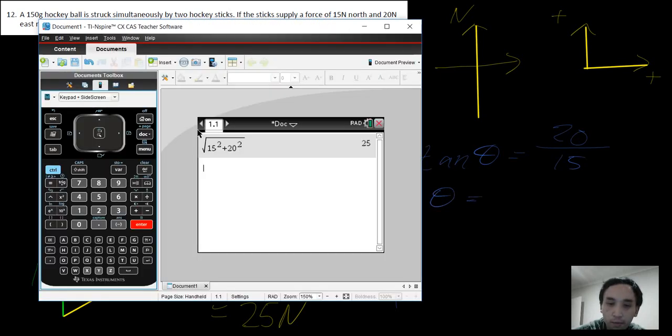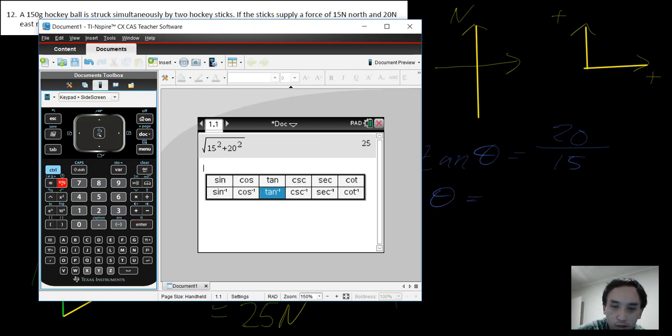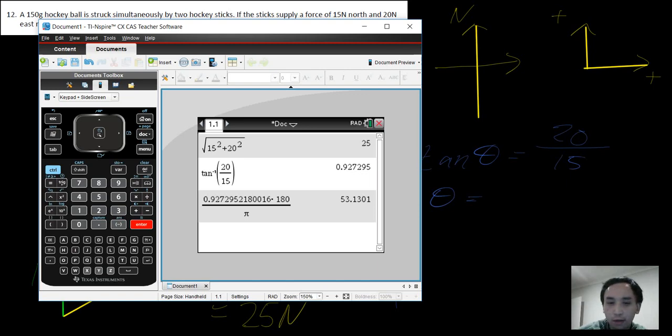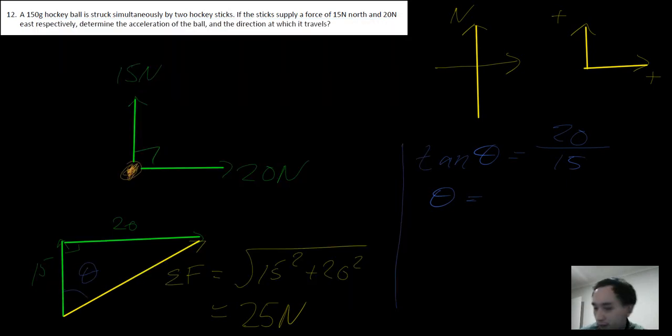So going back to our calculator, let's find the inverse tan of 20 on 15. This will give us 0.93 radians, or about 53.13 degrees. I think I'm going to use degrees in physics.